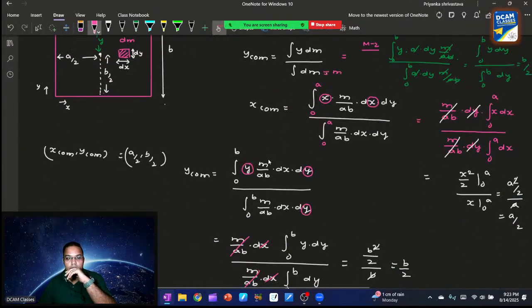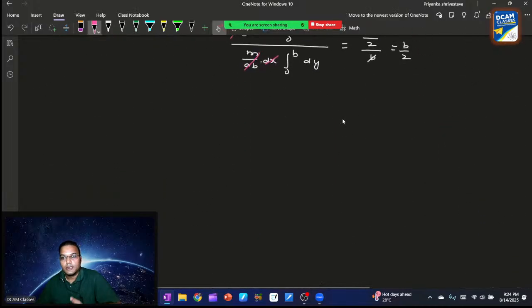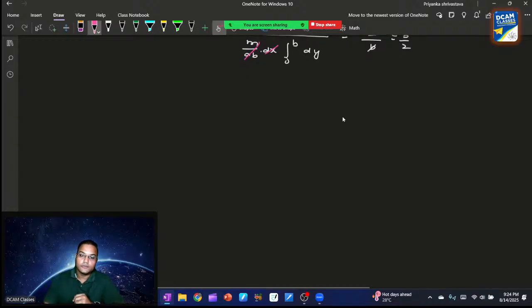But the important thing is, did you understand this or not? Yes, sir. Shiva understood. What about others? Haripriya, okay? You understood? Yes. Radhika, Kanishka? Yes, sir. Okay. This is how we find out the center of mass for a uniform body.